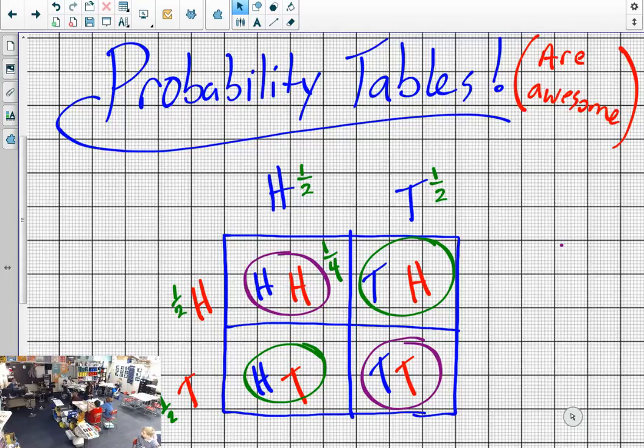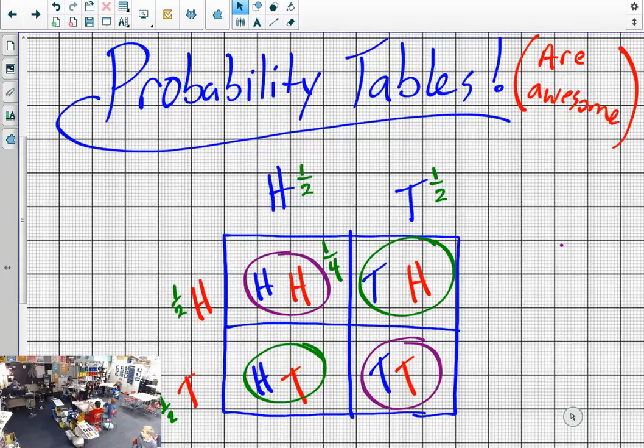The one coin doesn't care about the other one. We talked about this with variables. Independent, but here we're not talking about variables, we're talking about situations, right? Flips. So these are independent probabilities or independent situations. Exactly.